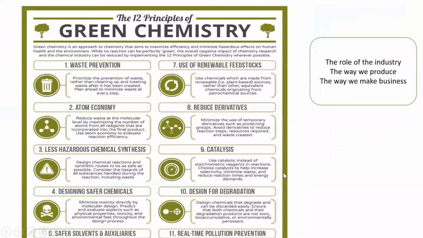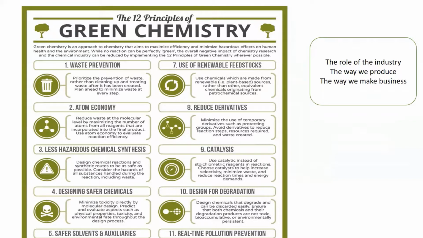Now, when we say green chemistry, that's a way for us to shift our industry and the way we produce and the way we make our businesses. The principles of green chemistry, we will be looking at them in tier 3, but I like to introduce them here. These focus on waste prevention, using less material for atom economy, and less hazardous chemicals.